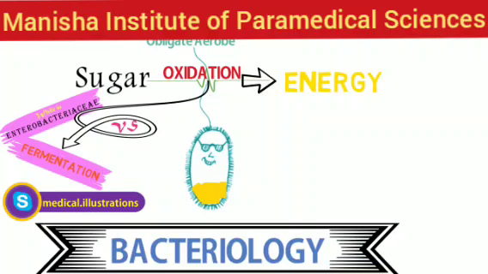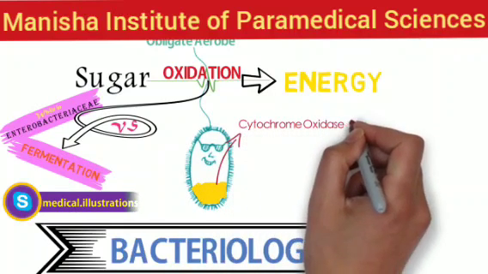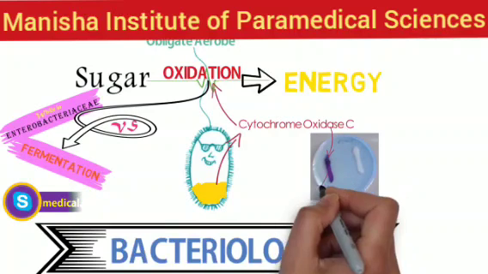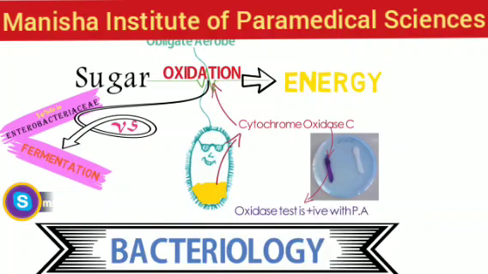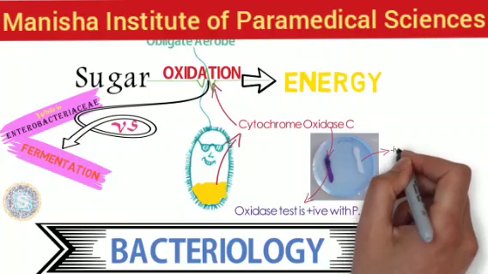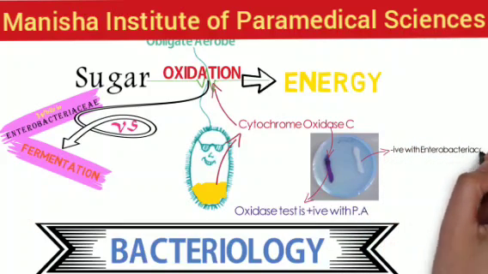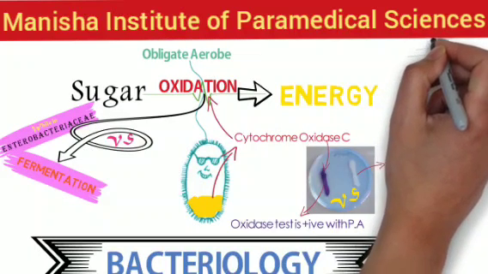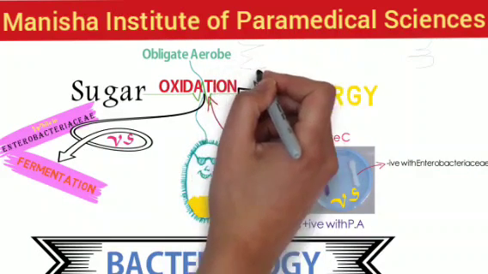Pseudomonas has a lot of cytochrome C oxidase. This is the enzyme due to which it does the oxidation of sugar. This is the reason why the oxidase test is positive with Pseudomonas and negative with other enterobacteria and other gram-negative rods.